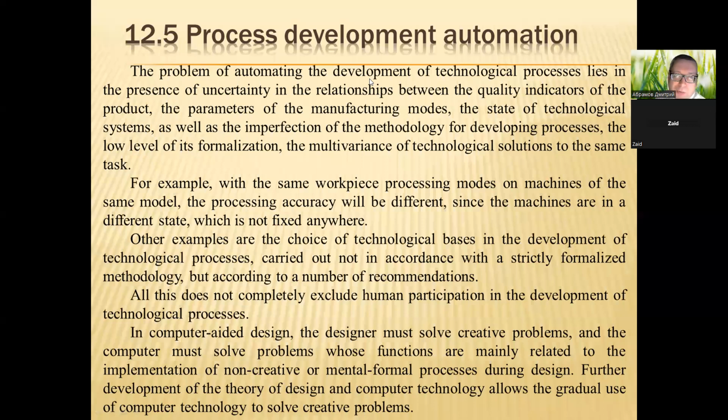The problem of automating the development of technological processes lies in the presence of uncertainty in the relationship between the quality indicators of the product, the parameters of the manufacturing modes, the state of technological systems, as well as the imperfection of the methodology for developing processes, the low level of its formalization, the multivariance of technological solutions to the same task.